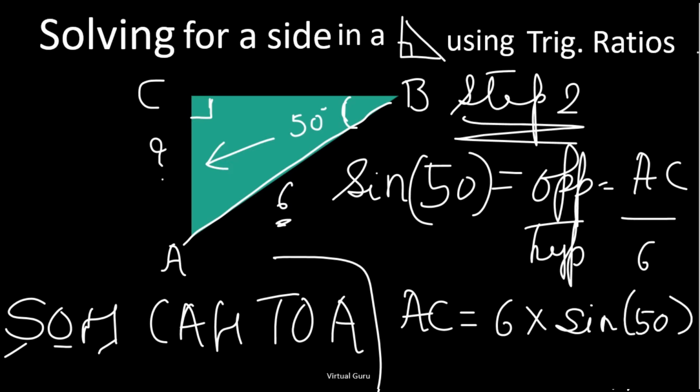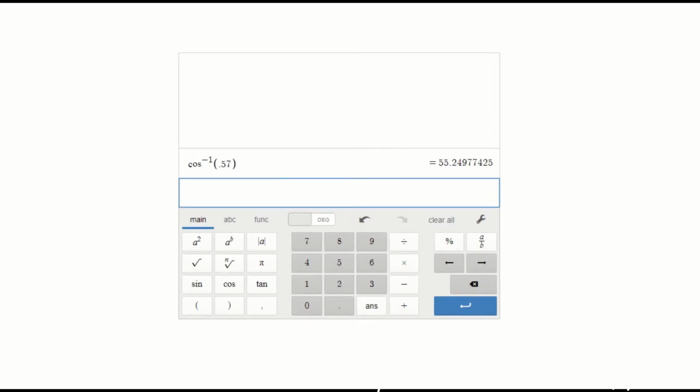Did you understand this step? Here we have to cross multiply. We are making the 6 come to the left side. So AC is nothing but 6 into sine of 50. Using the calculator, we have to find what sine of 50 is.